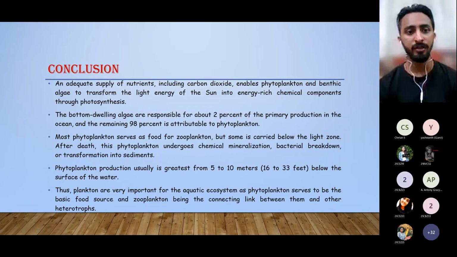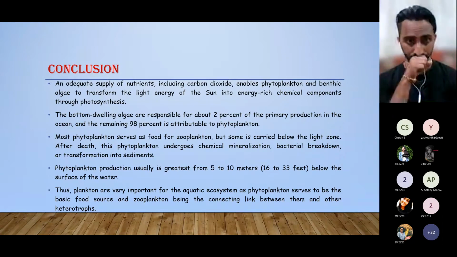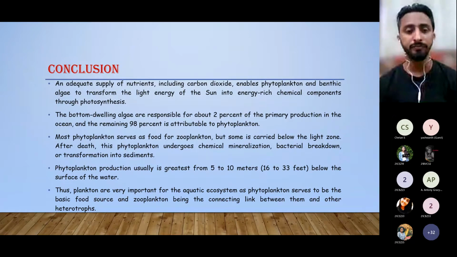For example, if you have a lake where the nutrients suddenly increase, you'll get a high number of phytoplankton because of the high nutrients, and that lake will be considered to have a bloom, because of which the carbon dioxide will be less and the oxygen will be high.